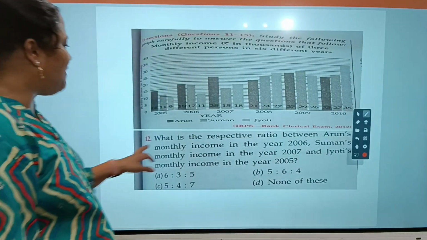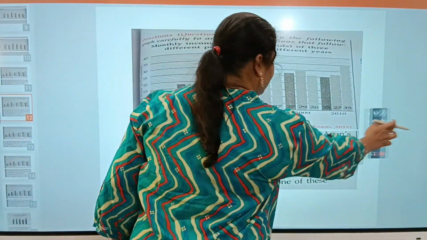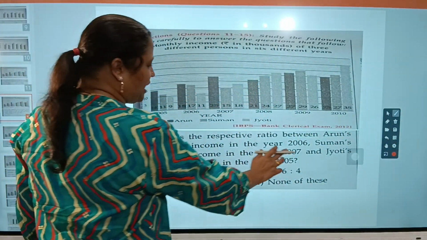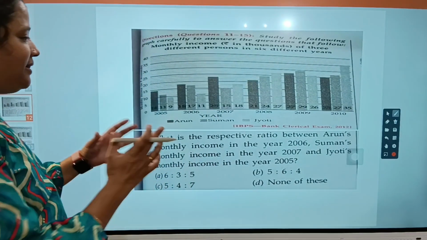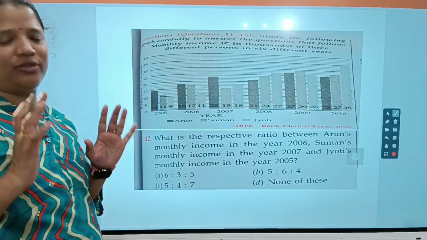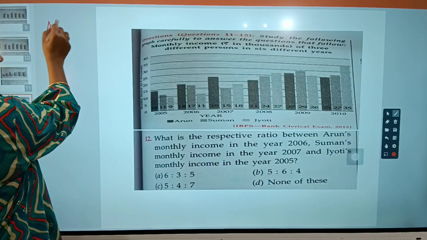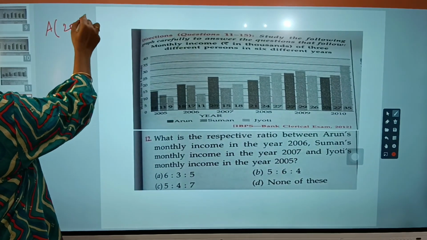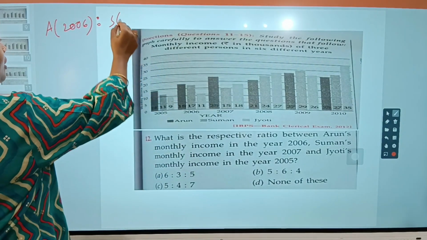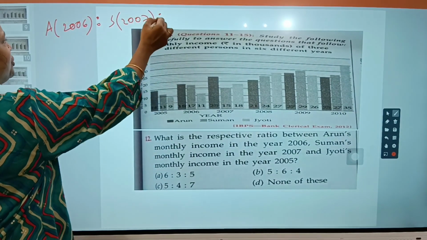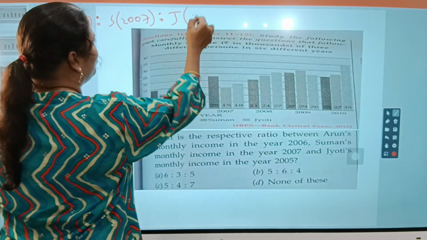The next question is, what is the respective ratio between Arun's monthly income in the year 2006, Suman's monthly income in the year 2007 and Jyoti's monthly income in the year 2005? For these three values, we have to find the ratio. Arun's monthly income for 2006 is to Suman's monthly income for 2007 is to Jyoti's monthly income for 2005.